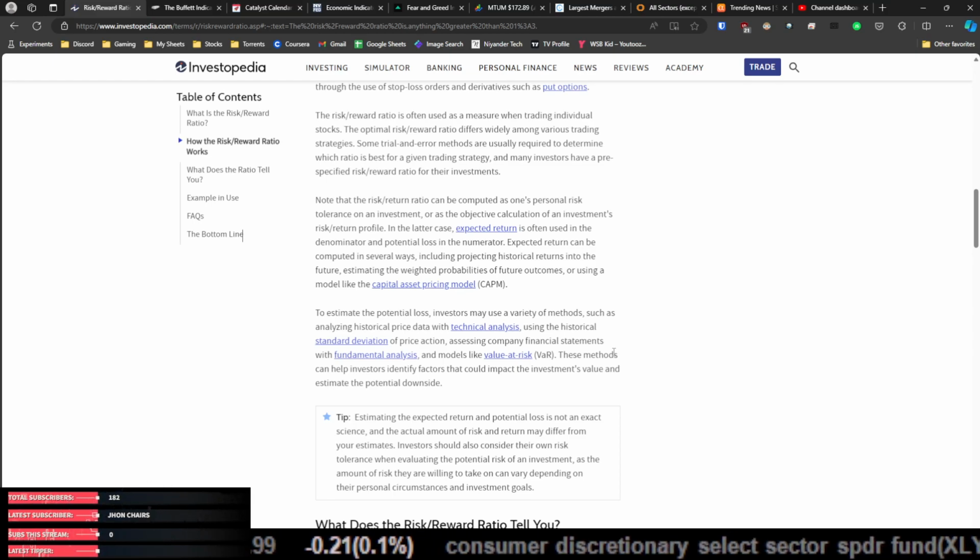I'm looking for a good risk reward ratio. As long as this ratio is good, then we can look at all those other ratios. Because sometimes with companies, if you look at the PE ratio of Apple, it looks phenomenal. If you look at the PE ratio of a company like Amazon, it looks like dirt. Especially if you looked at Amazon back when it was starting out. Whew, terrible. The company looked terrible.